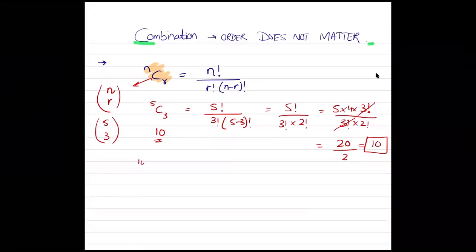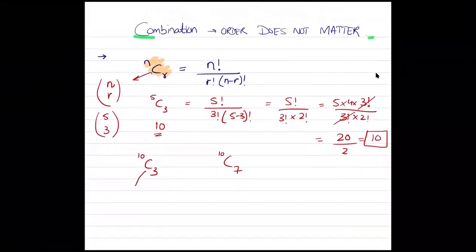Okay, now 10C3 and 10C7. If I use the formula to calculate 10C3, I'm going to get 10 factorial upon 3 factorial times (10 minus 3) factorial, that is 7 factorial. And 10C7 is going to be 10 factorial upon 7 factorial times (10 minus 7) factorial, that is 3 factorial.